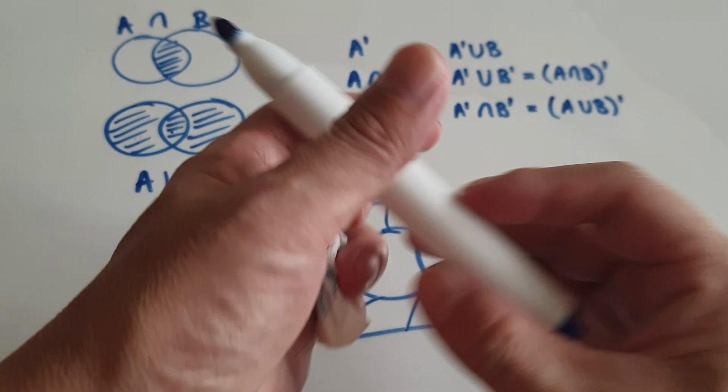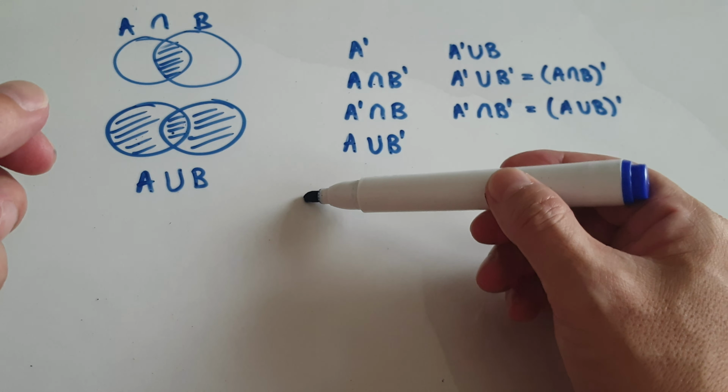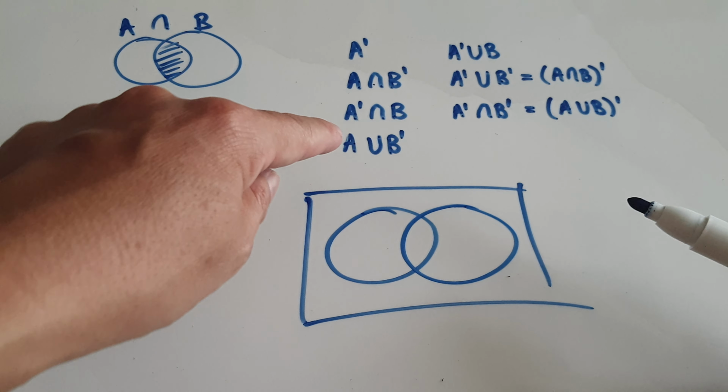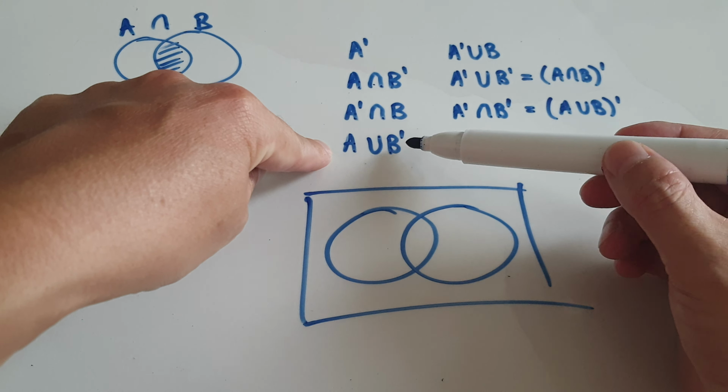Okay, so let's look at the fourth one. Fourth one would be two sets, A and B. So now this one here, not B, so everything on the outside, so this is B, remember.